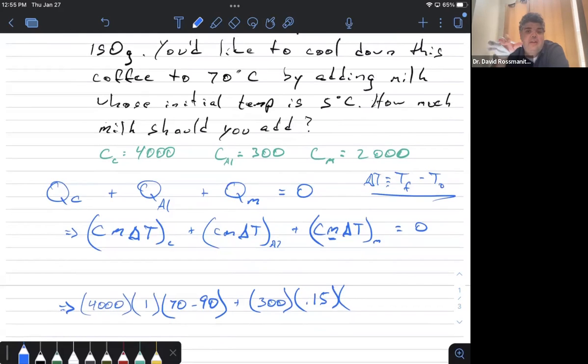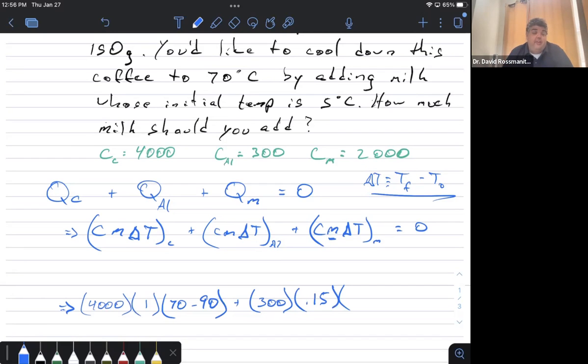Now here's an interesting thing. You're not really told anything about the cup except for its mass. You're not told the initial temperature of the cup or the final temperature of the cup, but intuitively you know the values. Firstly, the point of this problem is that once you add everything together, they will all reach the same final temperature.